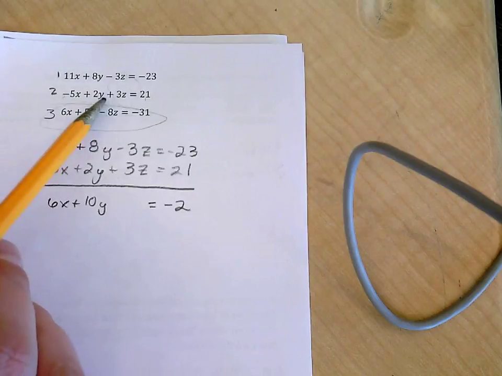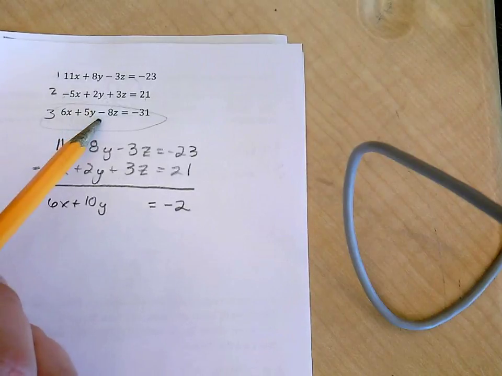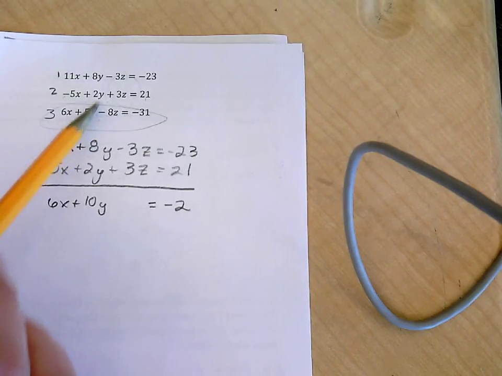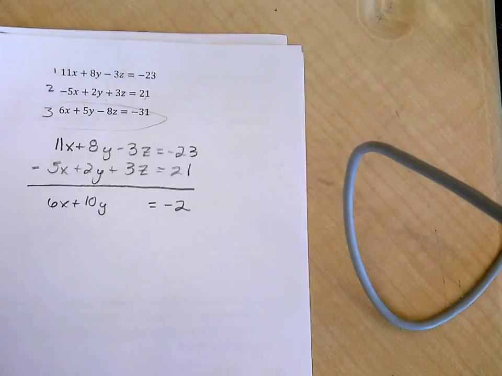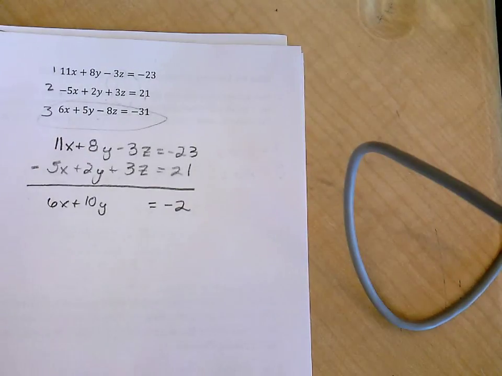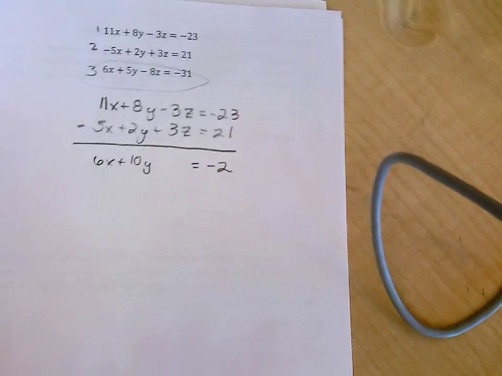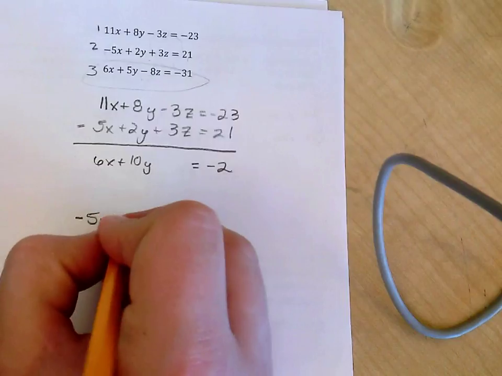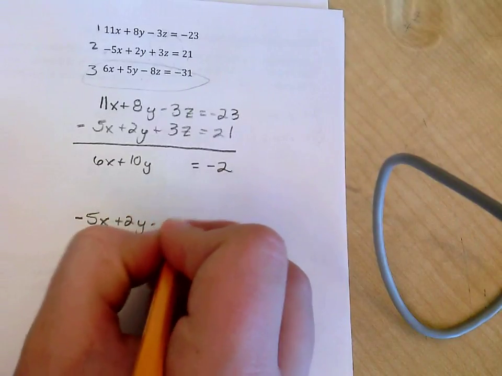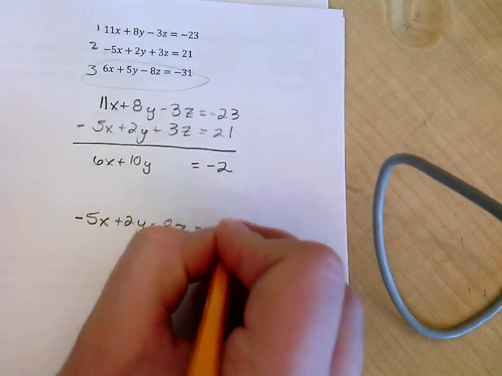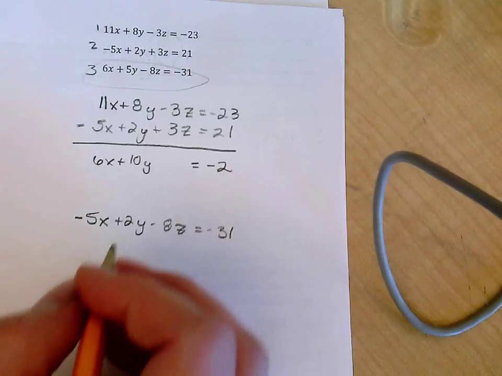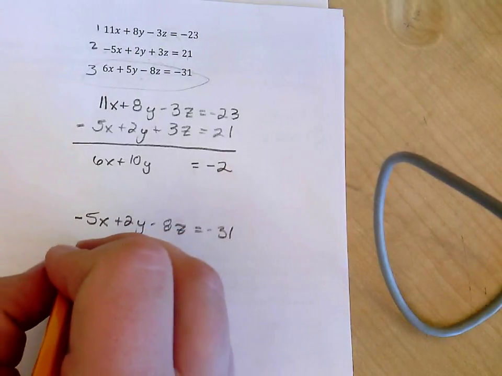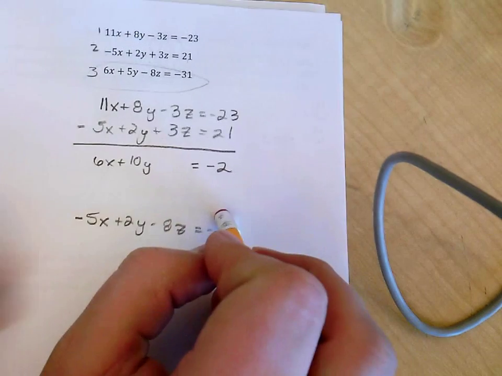The reason being, this is already a positive, and this is negative. So I don't actually have to do anything when I already have a positive and negative besides multiply. So that gives me negative 5x plus 2y minus 8z equals negative 31. And then I also have, oh, sorry, that's positive 21.